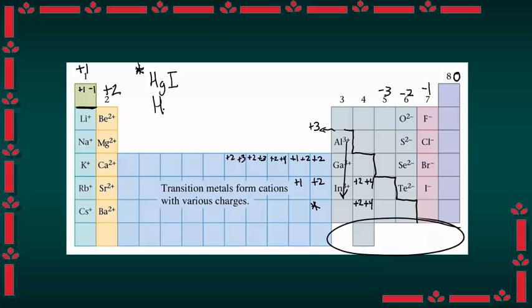Mercury 1, Mercury 2. So the symbol for Mercury 1 is Hg2 plus 2. And the symbol for Mercury 2 is Hg plus 2.